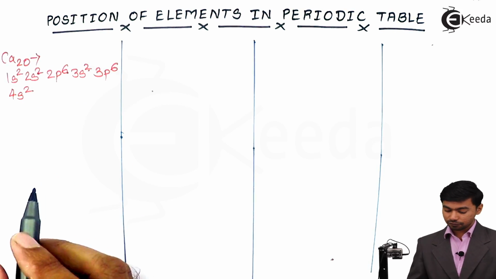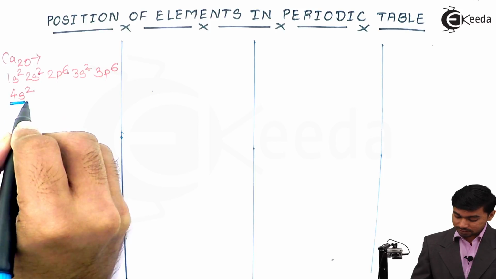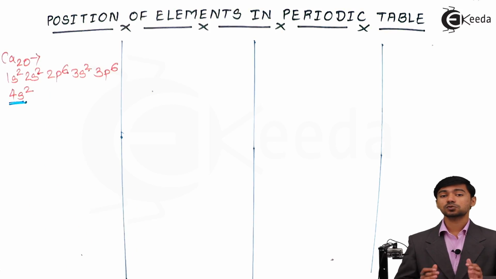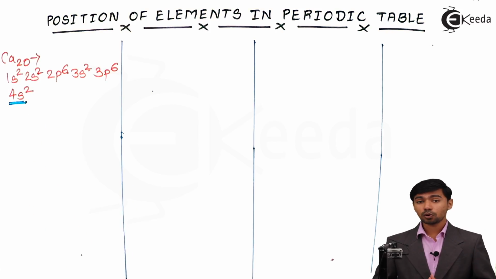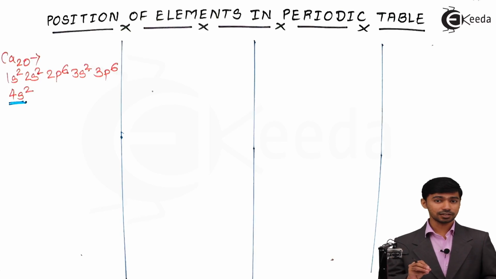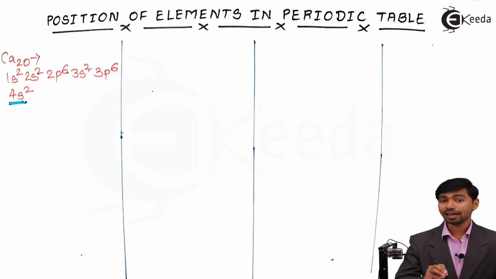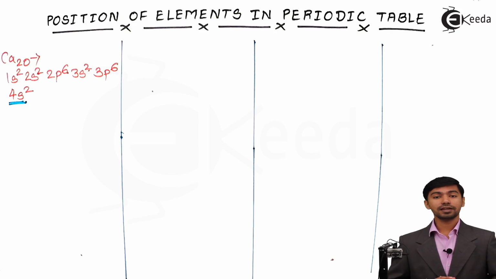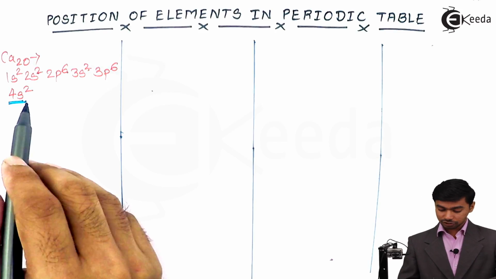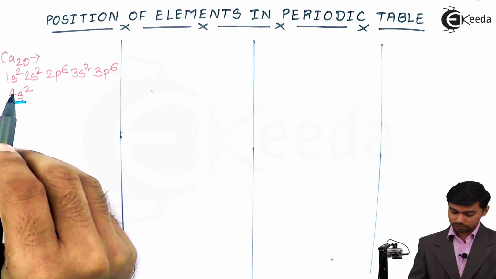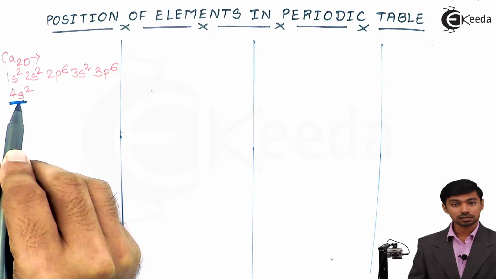So now here it is 4s2. This is the subshell which contains the valence electron. Always concentrate on the valence electron and where it is occupying a place. In the case of calcium, the last or valence electron is occupying the 4s subshell.